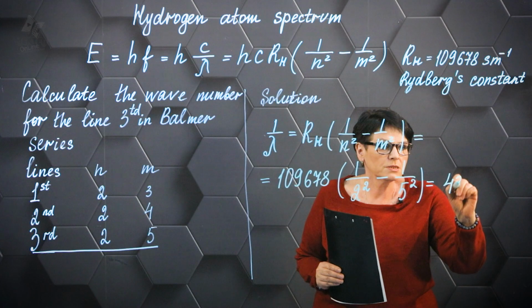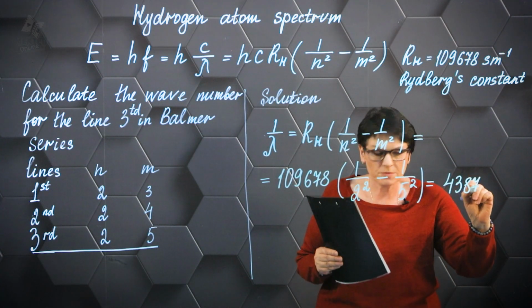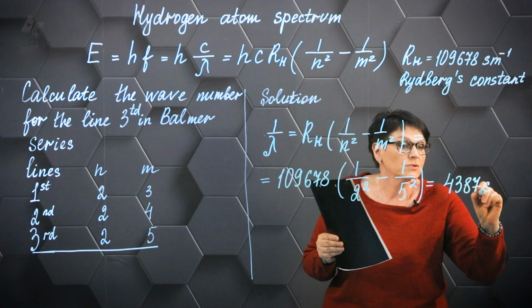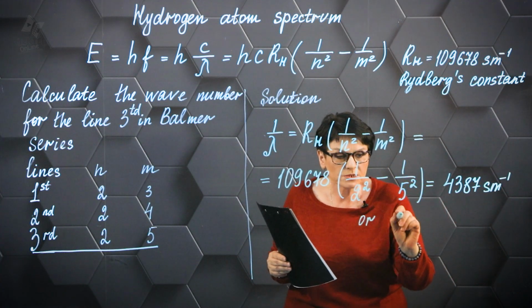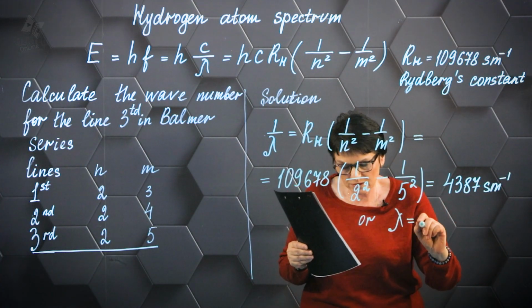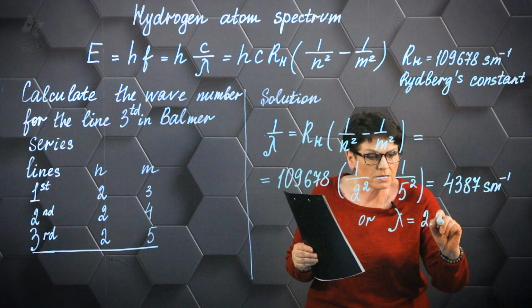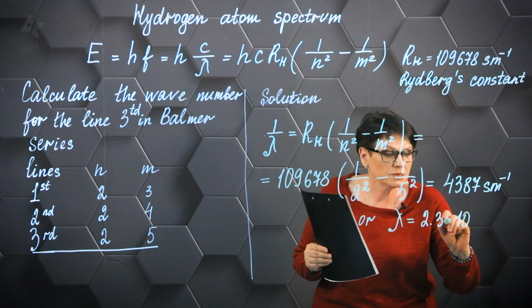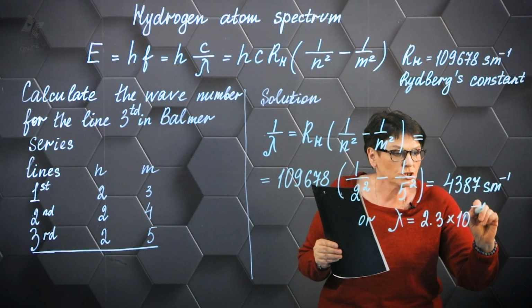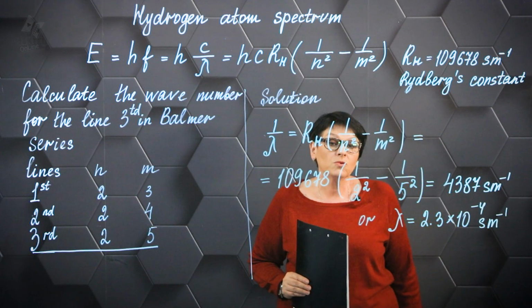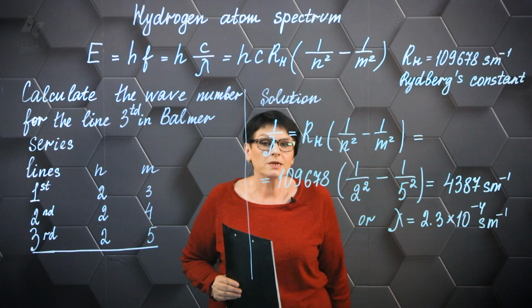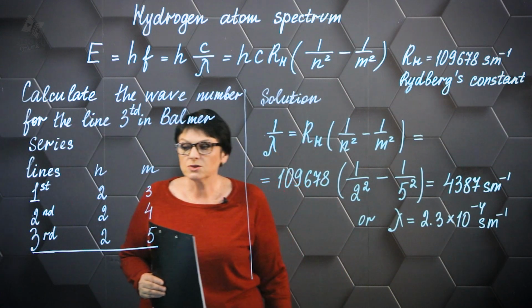This calculation will yield a result of 4,387. This specific value represents centimeters minus 1. We can also express the wavelength as 2.3 times 10 raised to the power of negative 4 centimeters raised to the power of negative 1. This process serves as the foundation for calculating this specific line.